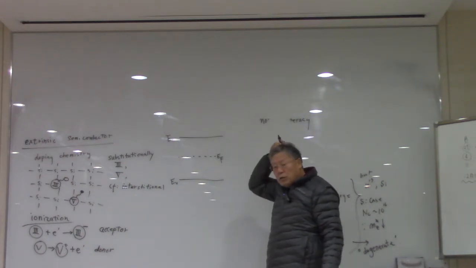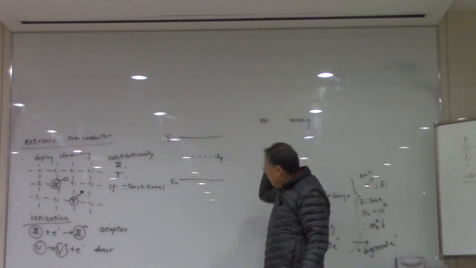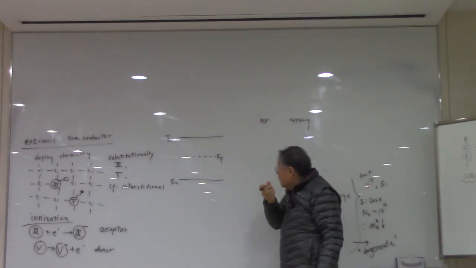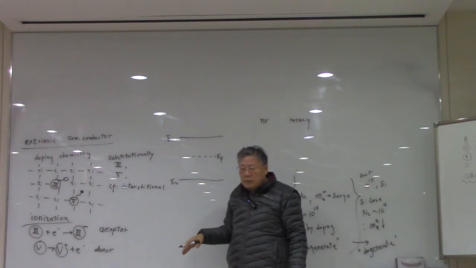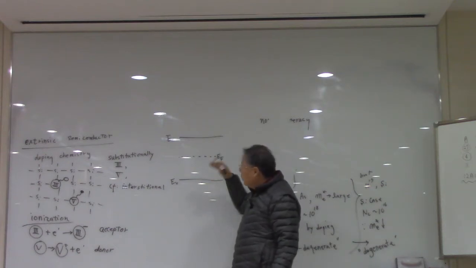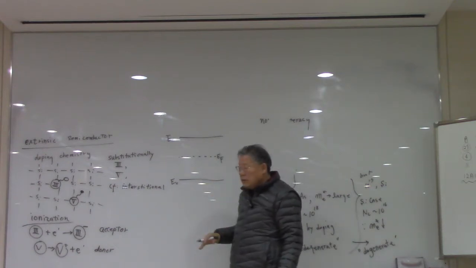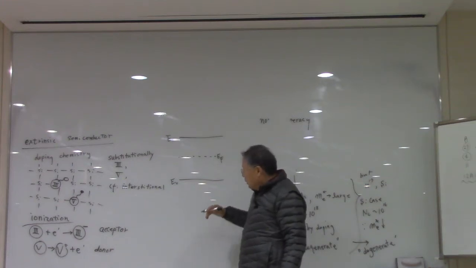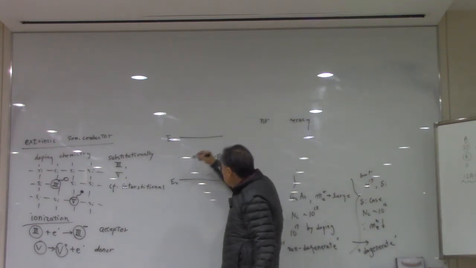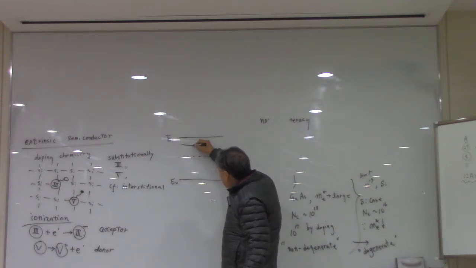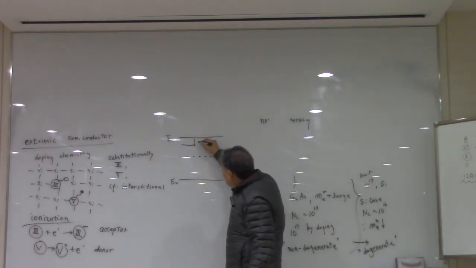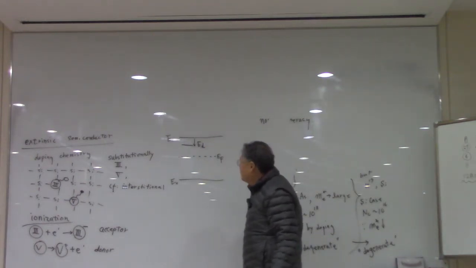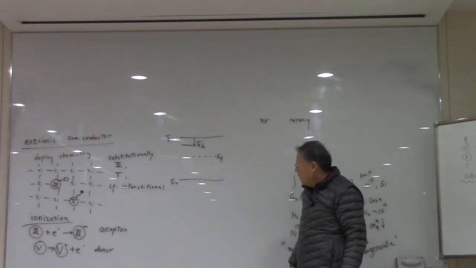This Fermi energy is going to be changed as well. And at a specific temperature, if you have donors and acceptors, how do you locate the donor energy levels or acceptor energy levels? Your donor energy level is located how far it is away from the conduction band. That is the donor energy level, the ionized donor energy level.